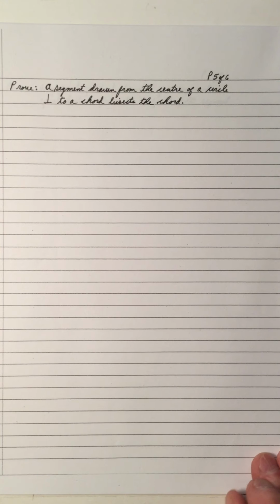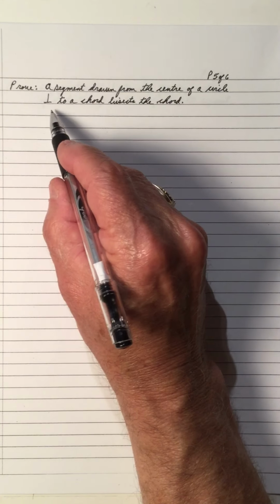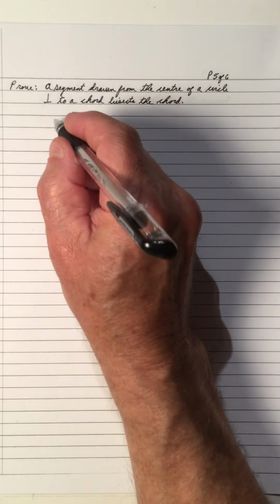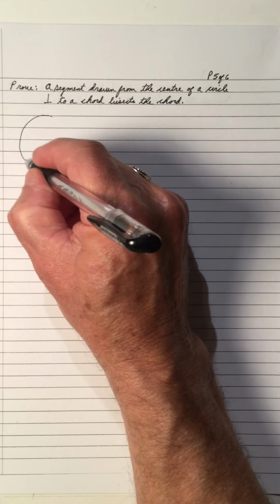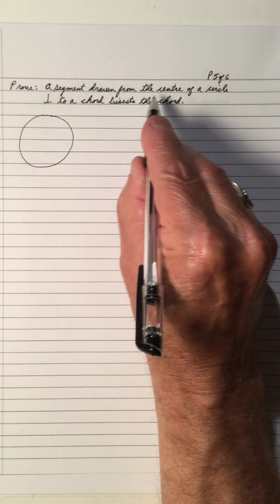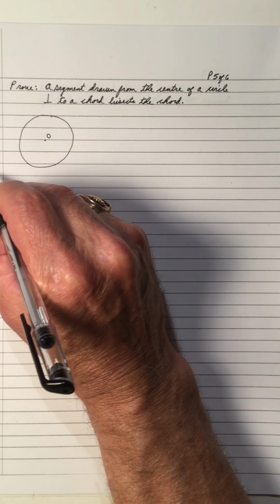Okay, let's look at some proofs now. A segment drawn from the center of a circle perpendicular to a chord bisects the chord. Again, we have a circle, so we have to draw a circle. A segment drawn from the center of the circle. So let's name O as the center of the circle.